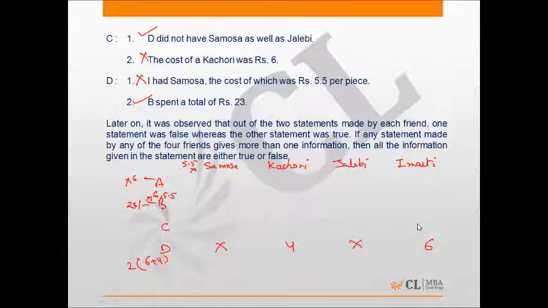Now we know that the cost of kachori is 4 rupees and the cost of Imarti is 6, and the cost of samosa is not 5.5, so the cost of jalebi has to be 5.5, and the cost of samosa has to be 5 in that case. Now because B has got items worth 6 rupees and 5.5 rupees, that means B should have jalebi and Imarti.